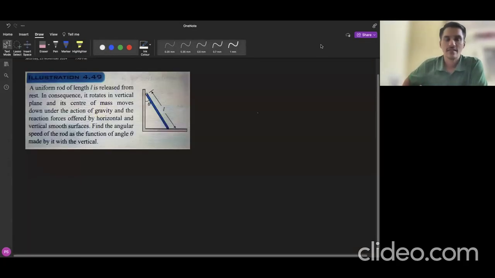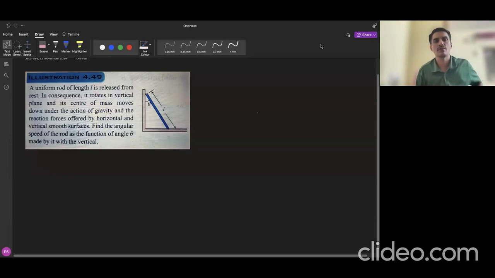Okay. So let us discuss the next question. A uniform rod of length L is released from rest. In consequence, it rotates in vertical plane and its center of mass moves down under the action of gravity and the reaction forces offered by horizontal and vertical smooth surfaces.